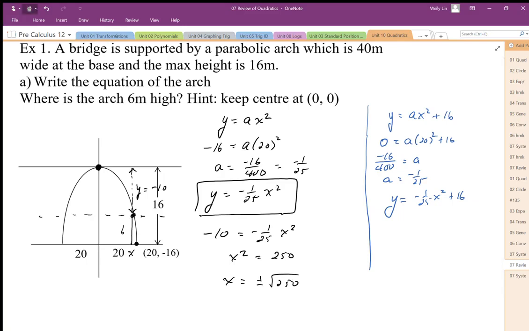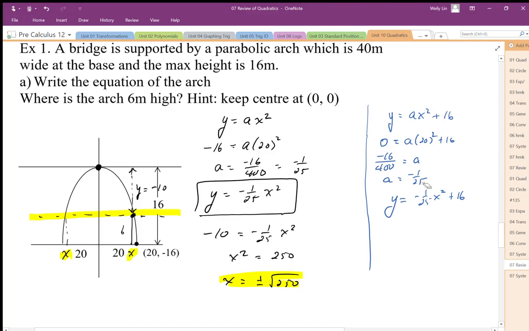That would represent this line right here. It's going to be the x position that gives me those points. So at plus square root 250 here and at minus square root 250 over here, we would get the height of 6 meters.